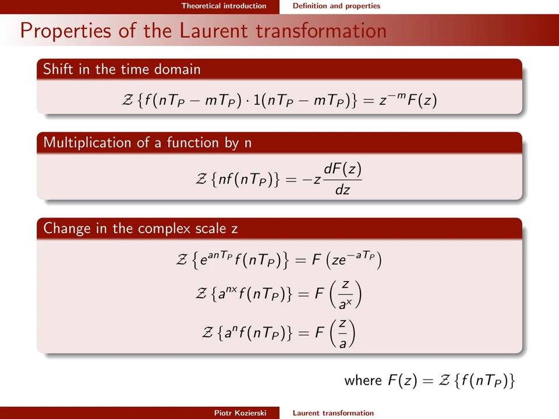The notation f of z by a means that in every place where z would normally be, z should be replaced by z by a. That is the entire expression in brackets. And in each of these cases, we use f of z, where f of z is the Laurent transform of the function f of ntp.